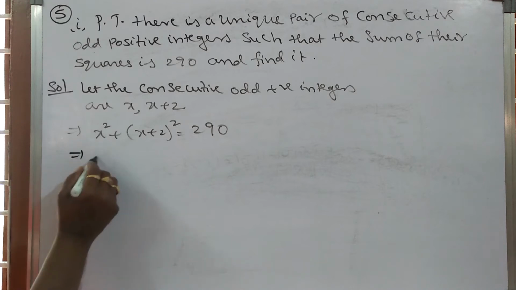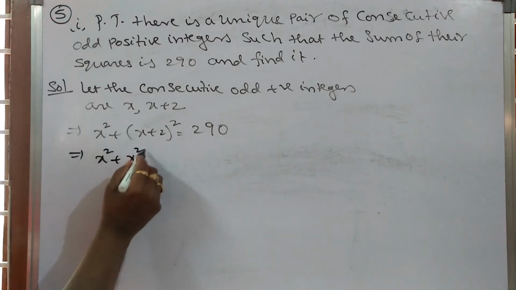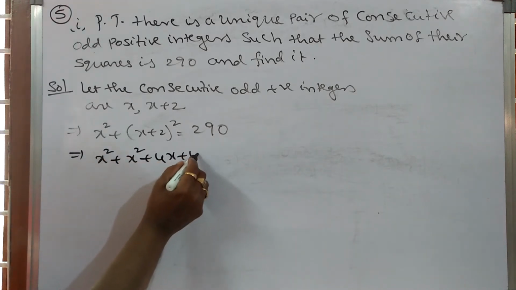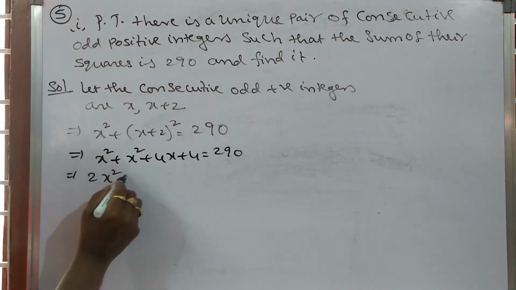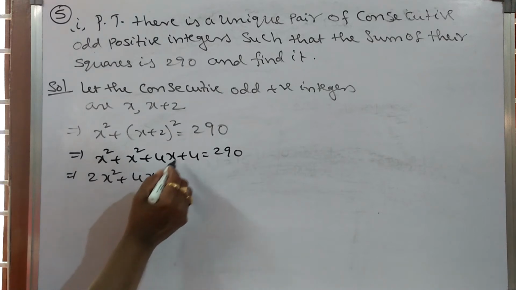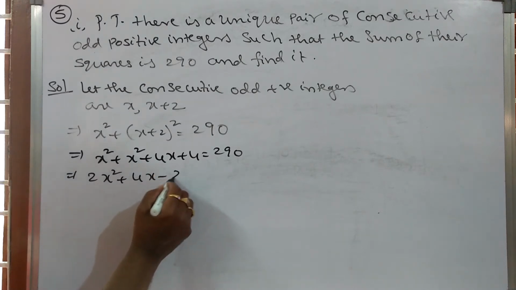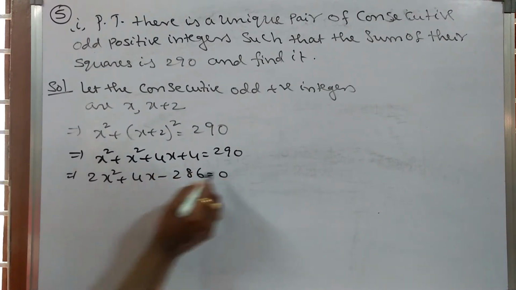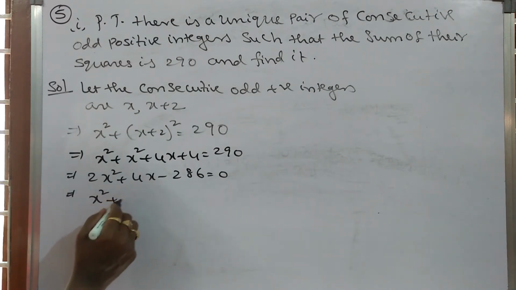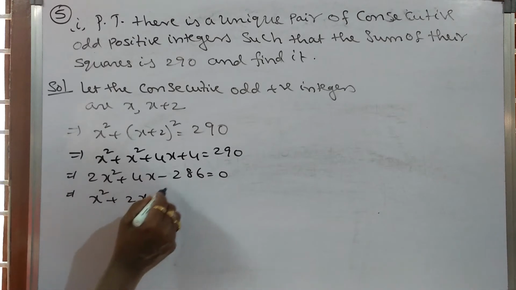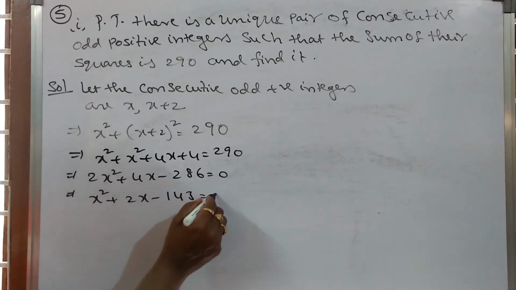So what we are going to get: x square plus 4x plus 4 is equal to 290, which implies 2x square plus 4x minus 286 is equal to 0. Dividing with 2, x square plus 2x minus 143 is equal to 0.